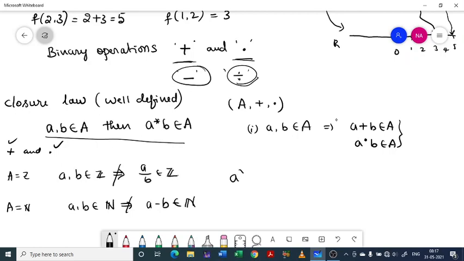If you take the operation star, a star (b star c) must be equal to (a star b) star c. So applying the operation on b and c, then with a, is equivalent to applying the operation on a and b and then with c. This is called the associative law.